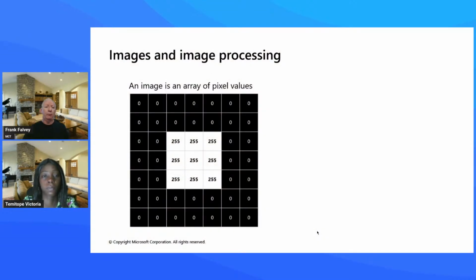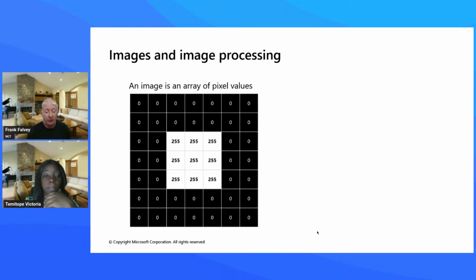So this is how they use images and image processing. A gray image consists of an array of pixel values from 0 up to 255, as you can see on the screen.